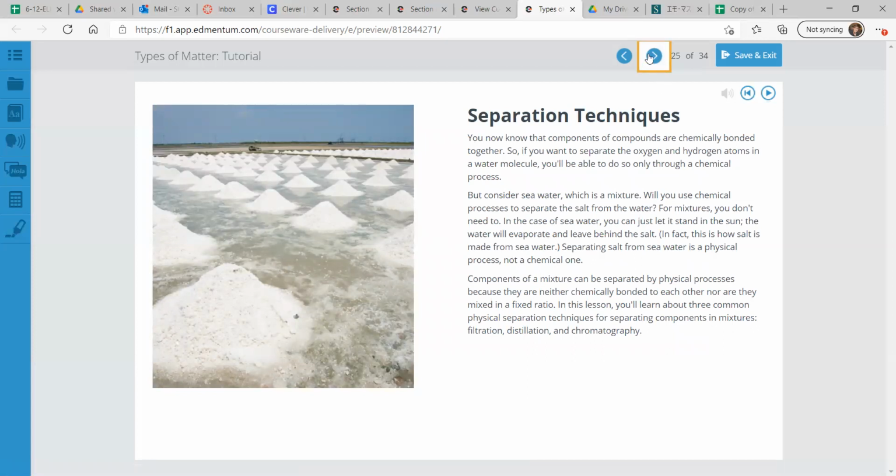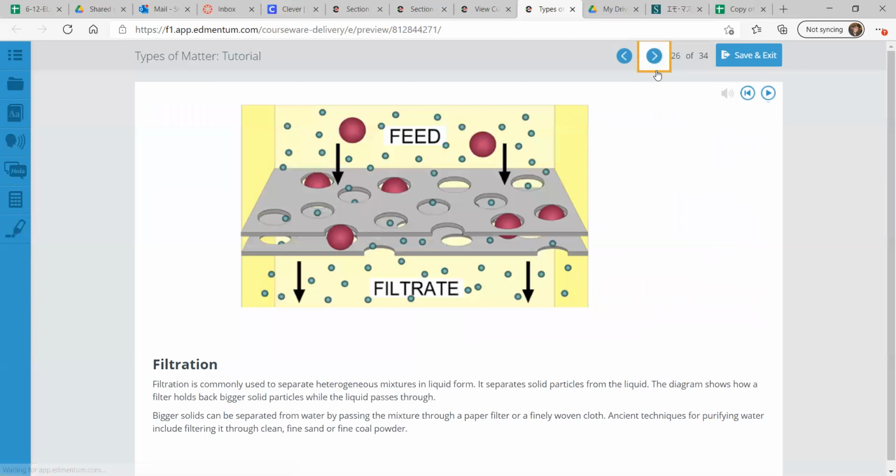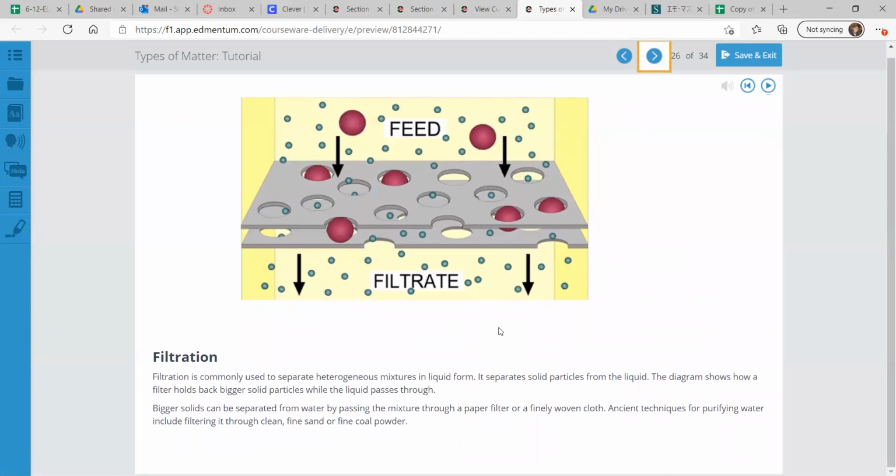And we're going to learn about 3 common separation techniques: filtration, distillation, and chromatography. Filtration, think of brewing tea or coffee. You may use tea bags, and those tea bags have filter paper around the tea leaves. The filter paper holds back the solid particles of those tea leaves, but lets liquid flow through the filter paper.